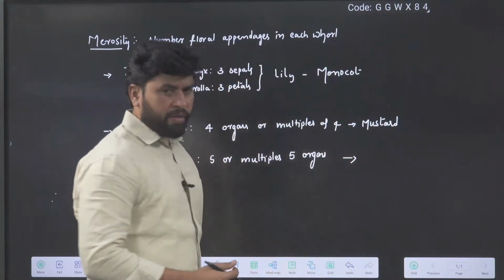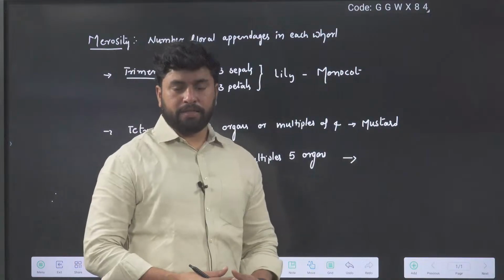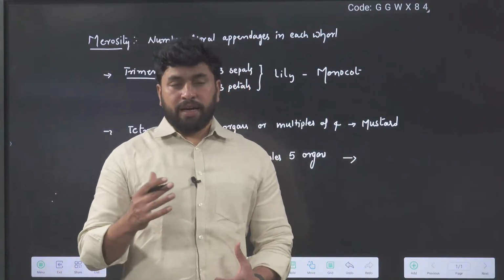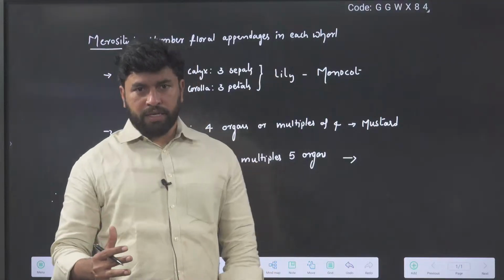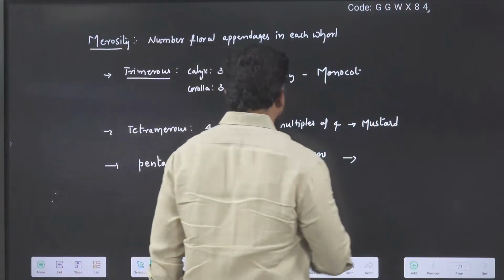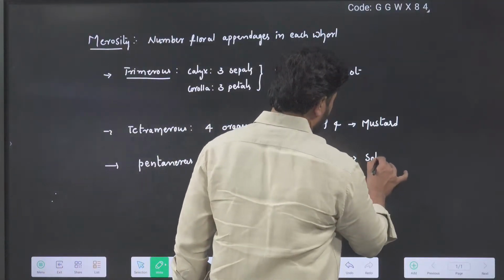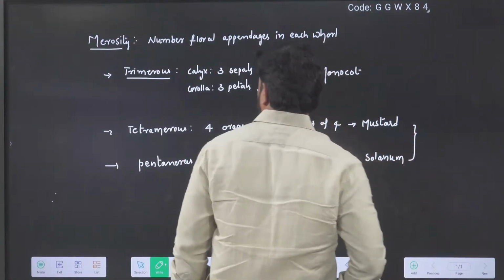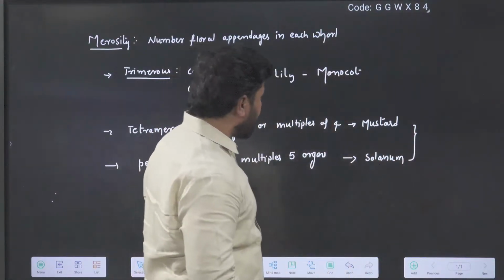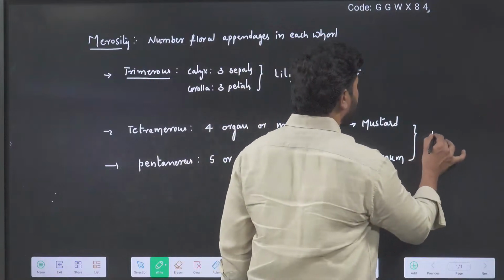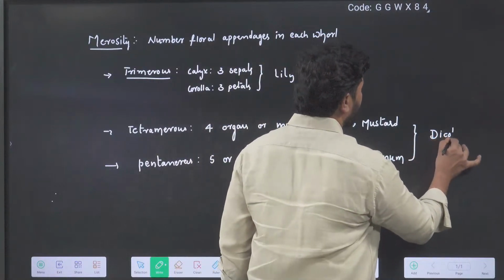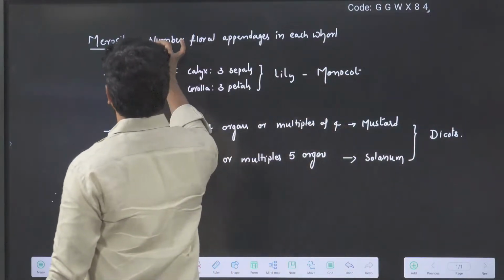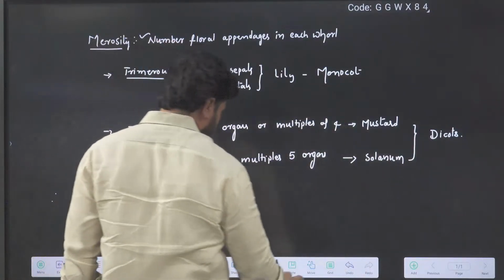For pentamerous, we have numerous examples, for example Fabaceae, Solanaceae, Asteraceae, Malvaceae, etc. But I will take Solanum here. One thing to be remembered: tetramerous and pentamerous flowers are a characteristic feature of the families of dicots. Like this, there is the concept of merosity of flowers.